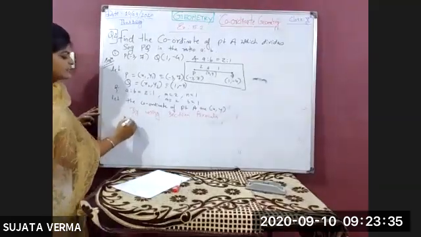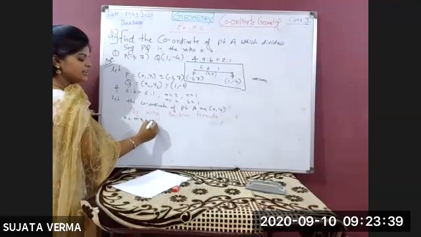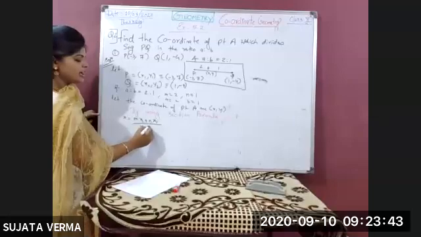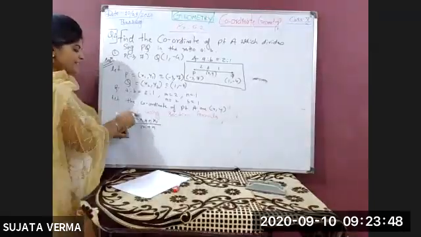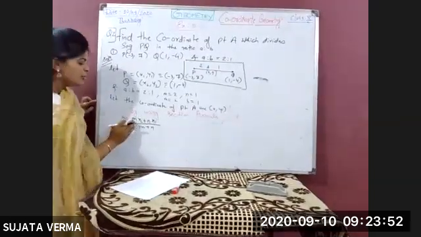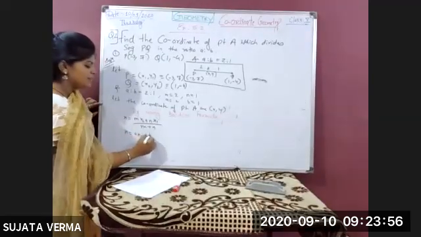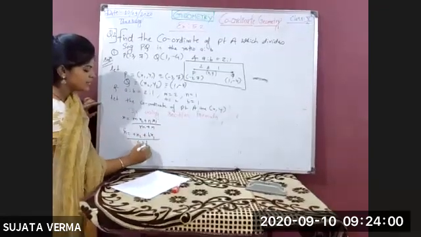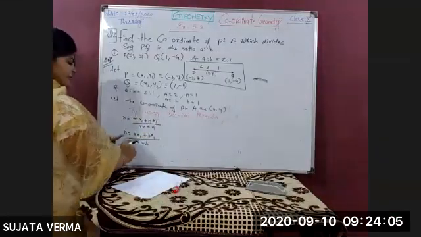X is equal to M x2 plus N x1 divided by M plus N. But in this question, M is replaced by A and N is replaced by B. So you also write x is equal to A x2 plus B x1 divided by A plus B. No problem. Clear? Now, substitute the values.